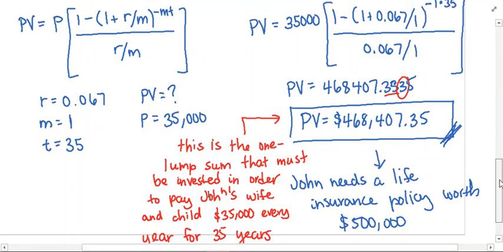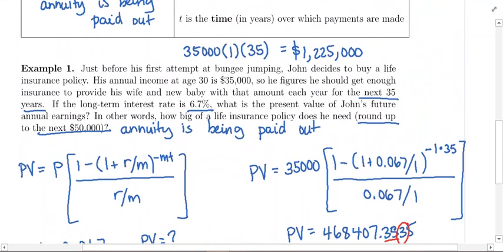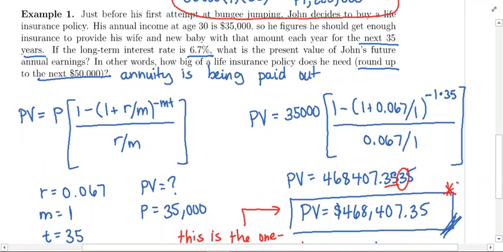We're going to map it out and see how it works because remember, what did we do before we did this problem? We calculated how much the wife and child would actually be paid over the 35-year period, $1,225,000. That's a whole lot more than this amount. So we're going to see how this works. This is a much lesser amount, but it's going to pay out the annuity, and whatever's still in the account is going to earn interest.